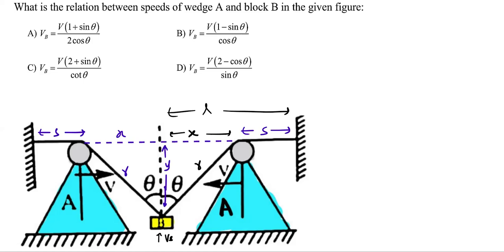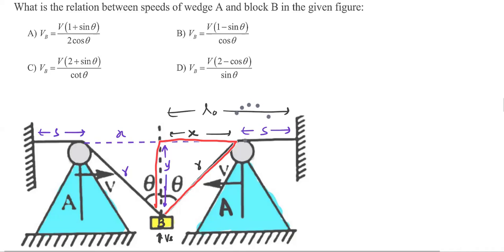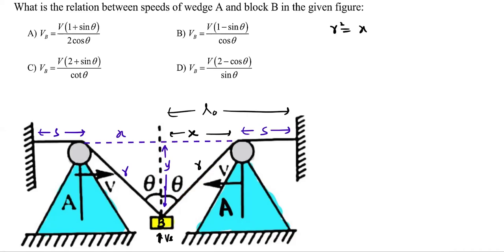Okay, agree. These are some very important small things. The block B will move vertically up here. There's a block B. First, we'll start with this particular triangle. Look at this triangle. From the triangle, r squared equals x squared plus y squared.